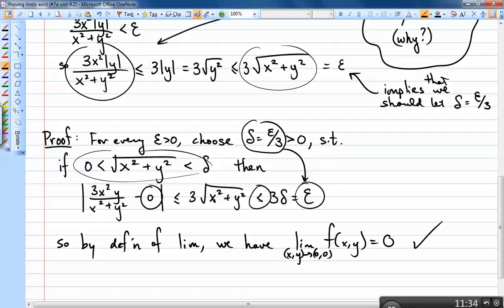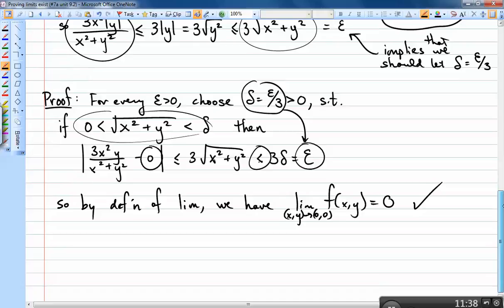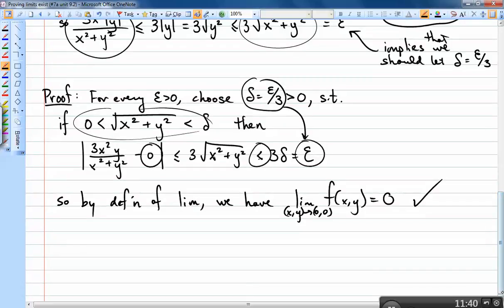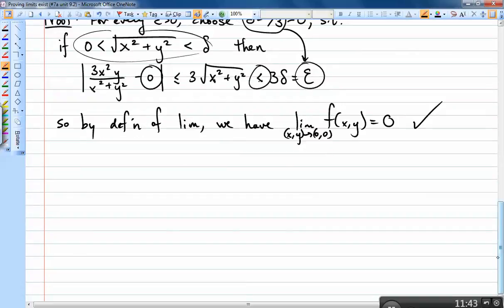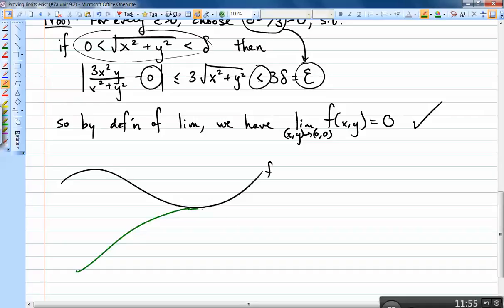Okay, now that's sort of a painful way of doing it. There were a lot of tricks involved there. I want to go over one other trick that we came up with in class, and it's called the squeeze theorem. The way the squeeze theorem works in 2D is if you have some function up here f, and you've got another function here g, and you're looking at some function here h.